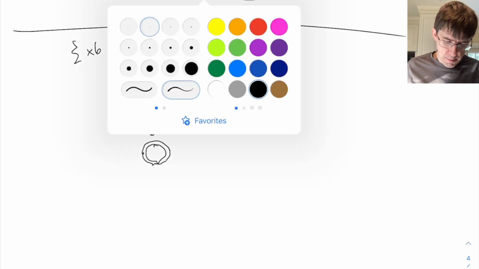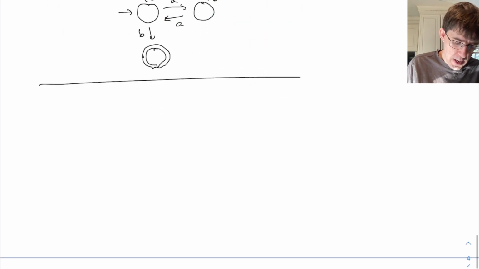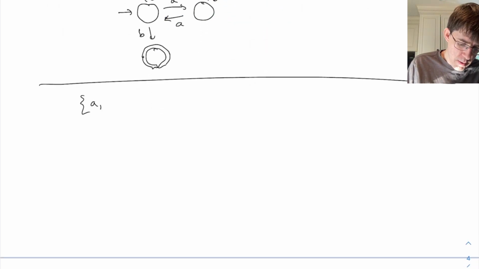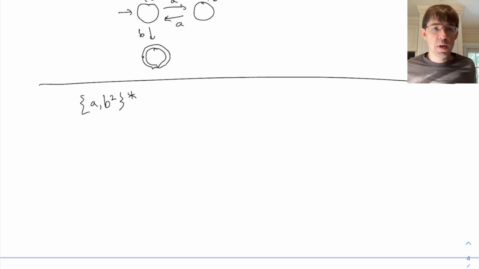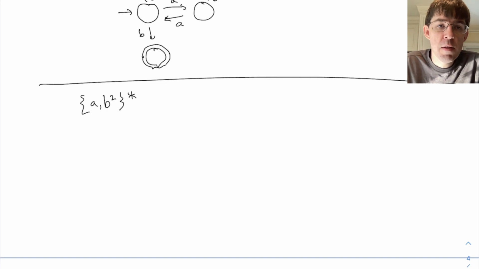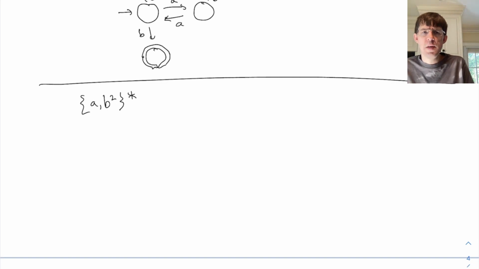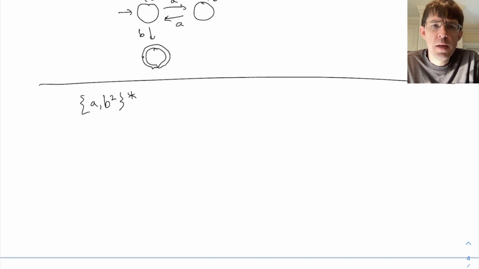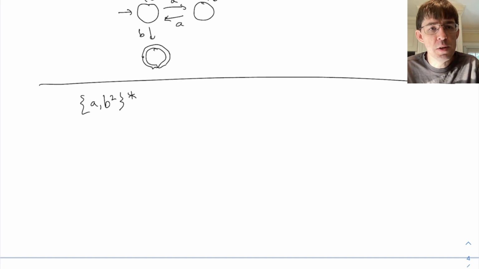That's enough time to talk about the last one, which was A, B squared, star. This means every string made up of A's together with B squareds. So another way of saying this is it's any string at all, but the B's have to come in blocks of 2 each. Every time you see a B, there needs to be another B right after it.